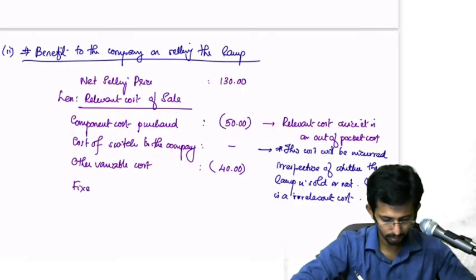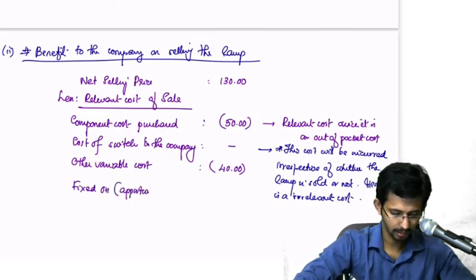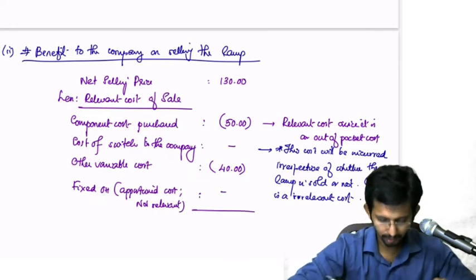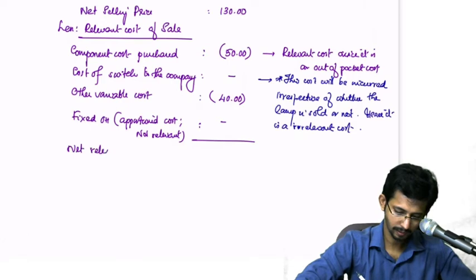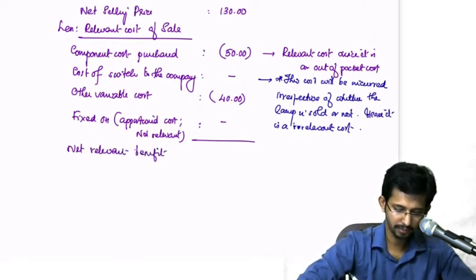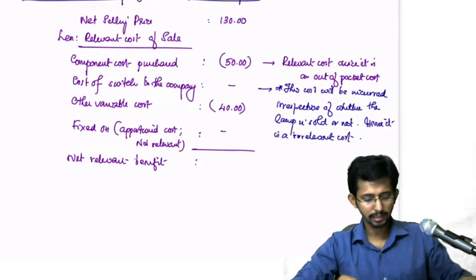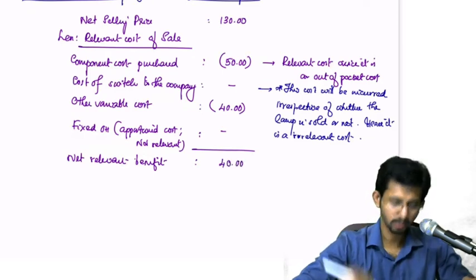No. Fixed overhead, you can write apportioned cost not relevant. Therefore net relevant benefit from a single lamp will be 130 minus 90, so 40 rupees.